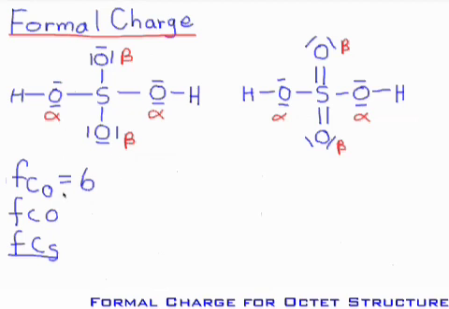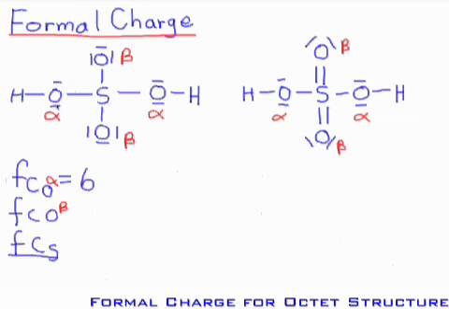Now let's do oxygen alpha. I'll just label this. So this one will be oxygen alpha, and this one will be oxygen beta. Let's start with oxygen alpha. Oxygen alpha, like all oxygens, has 6 valence electrons. Let's count up how many electrons it has in the structure now.